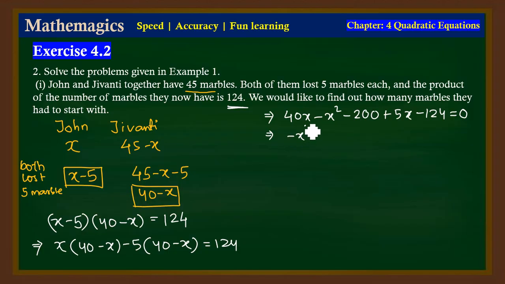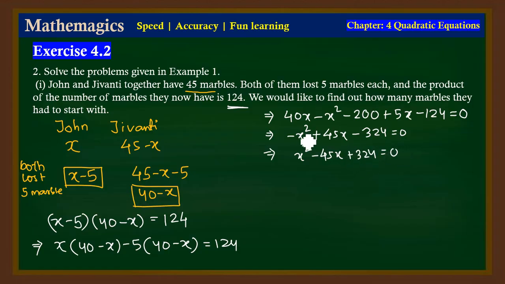We are going to write all the terms according to their powers. Now 40x plus 5x becomes plus 45x. Then minus 200 and minus 124 becomes minus 324 is equal to 0. It can be simplified and written as x square minus 45x plus 324 is equal to 0.